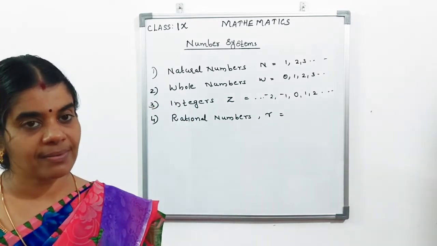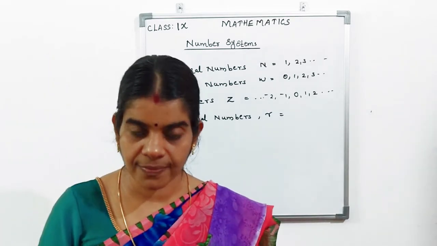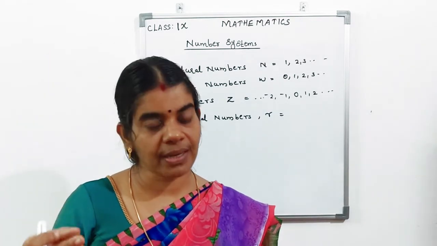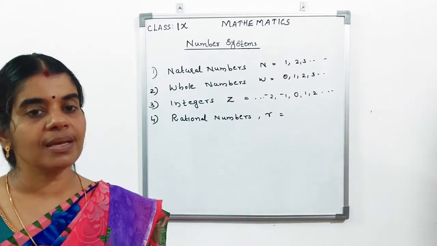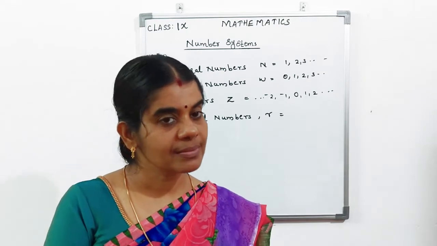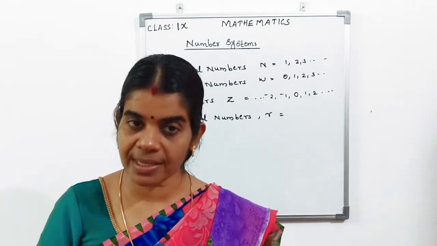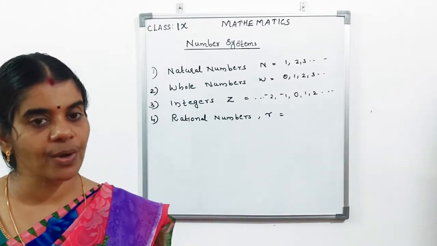Minus 3 we can write as minus 3 by 1. Minus 100 we can write as minus 100 by 1. So all the natural numbers, all whole numbers, because 0 is also a rational number, and integers all come under the category of rational numbers.